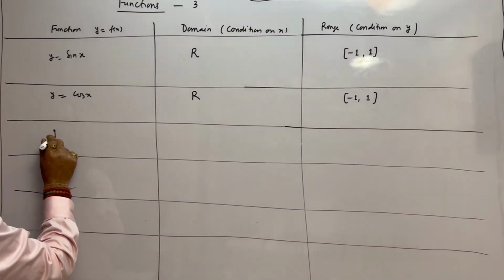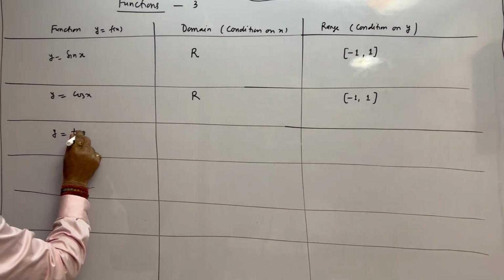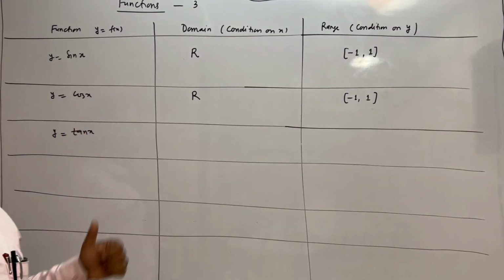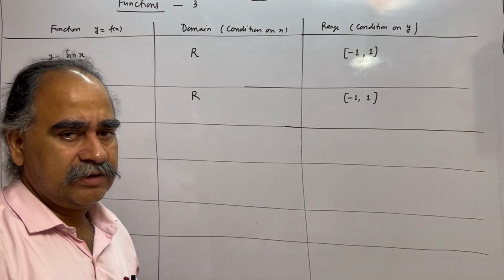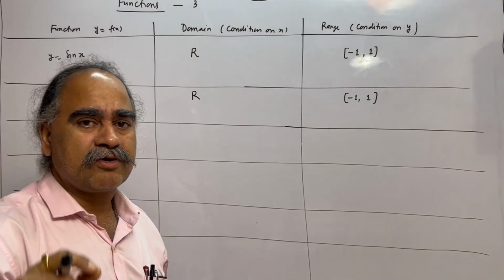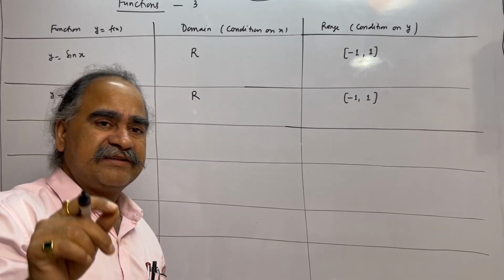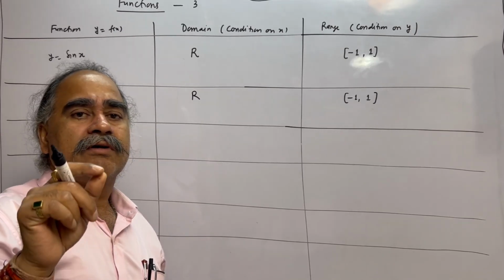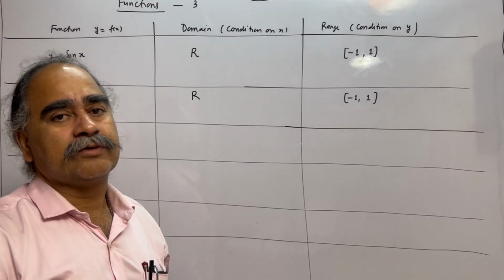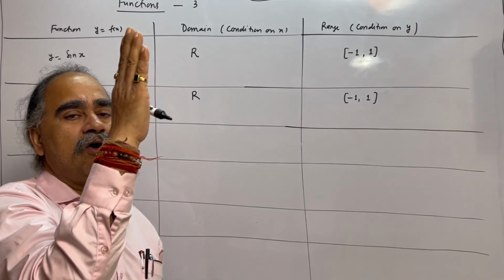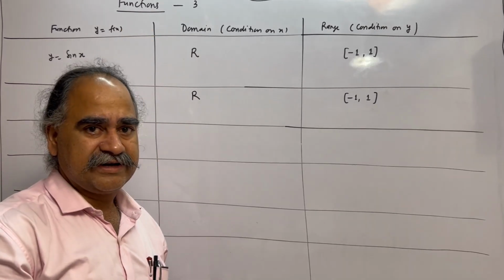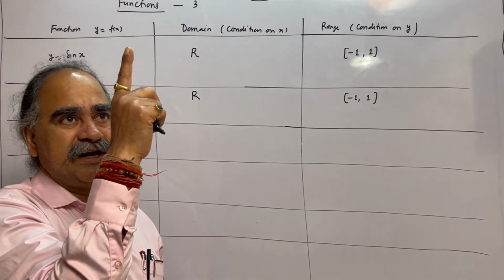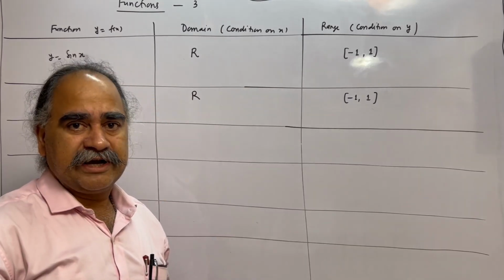Y is equal to tan x. Now tan x is nothing but sine upon cos. So tan x is not defined wherever cos x is 0. And cos x is 0 on the y-axis, that is this side and this side, lower side. So here the angle is pi by 2, 3 pi by 2.